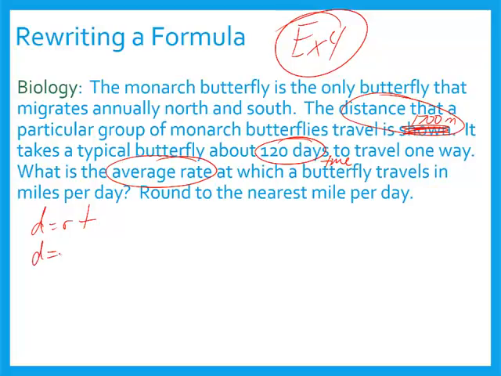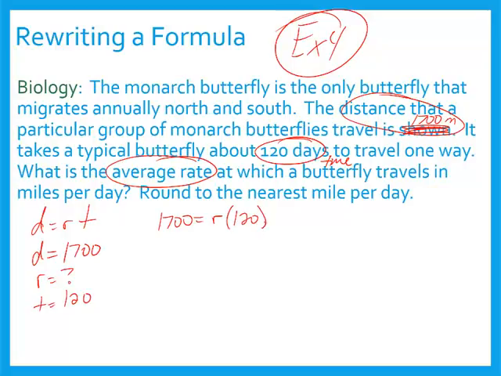And now we need to define the variables. We know the distance was given to us as 1,700 miles. We don't know the rate, so question mark, but we know the time, which was 120 days. Now we need to solve for R, because we need to find the rate. So replace the variables in the equation: instead of D, put 1,700 equals R, and instead of T, put parentheses 120.